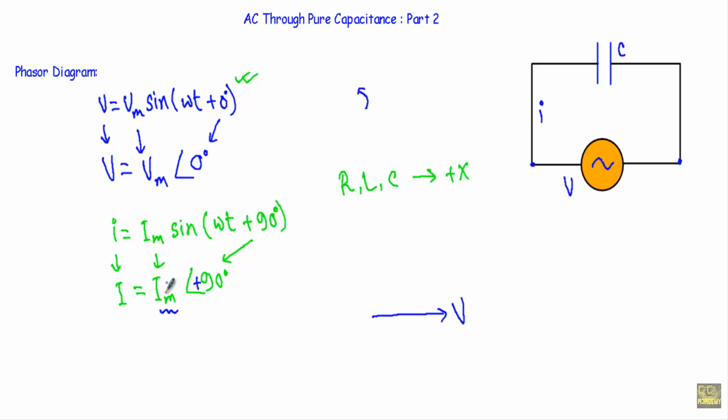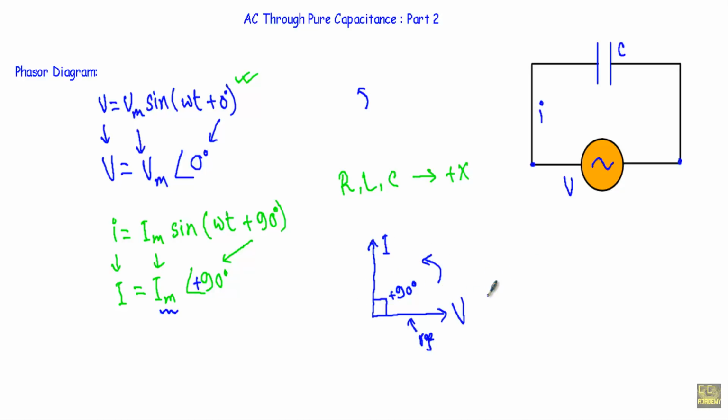So to draw the current phasor, I have to rotate by an angle of 90 degree from the reference axis. This axis will represent our current phasor I, and it creates an angle of plus 90 degree because I am revolving in counterclockwise direction. With respect to the reference axis, to reach the current phasor I have to rotate by 90 degree in counterclockwise direction.